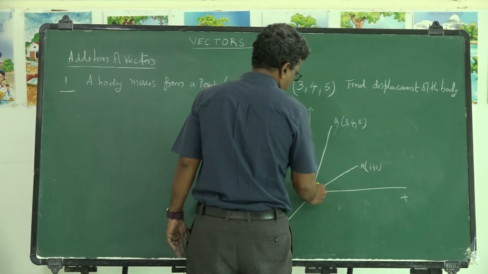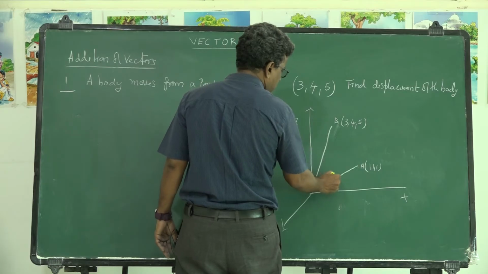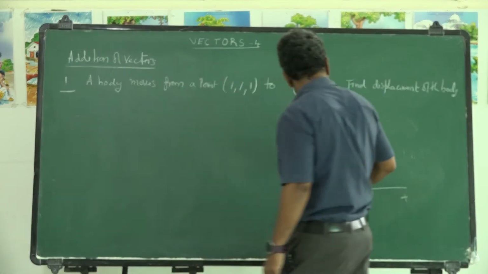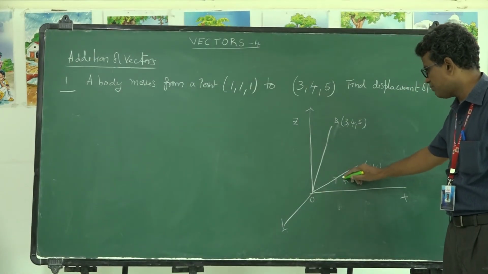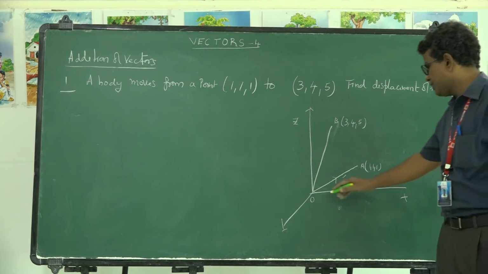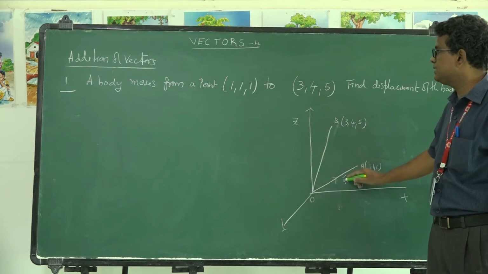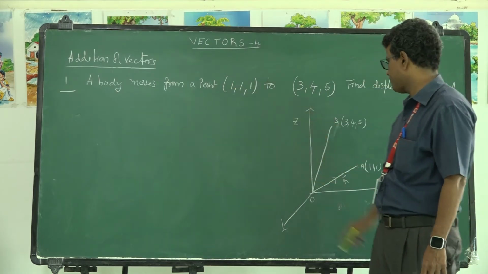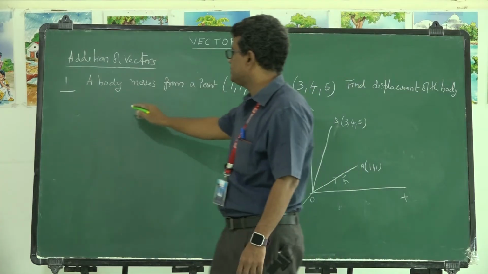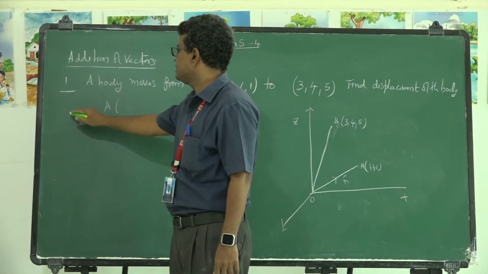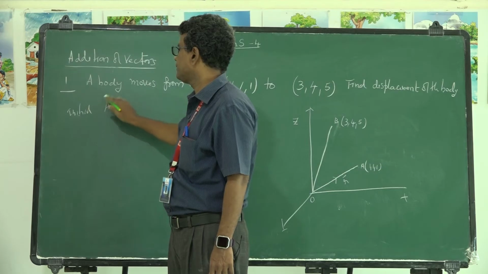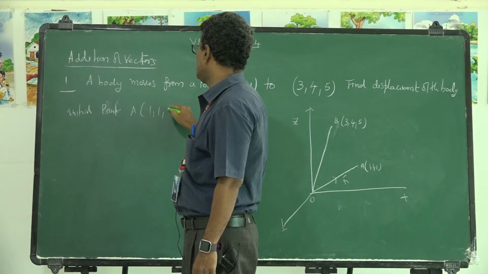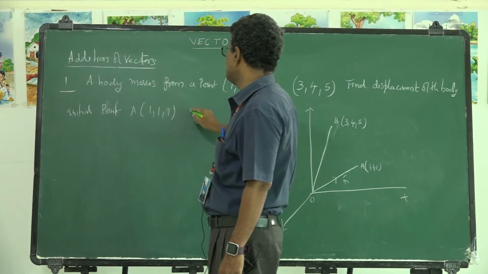If you start from the origin, then it will become the position vector of the first one, r1 bar. So OA bar represents the initial position of the particle or body. This is the initial, starting point A, 1, 1, 1. So it's a position vector.